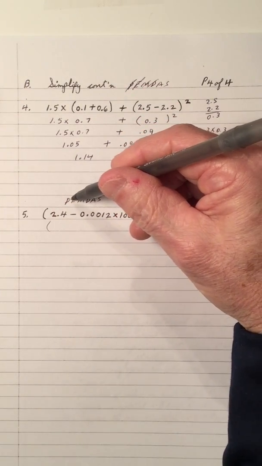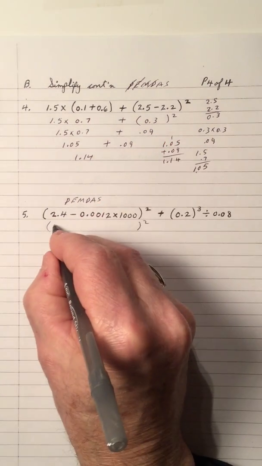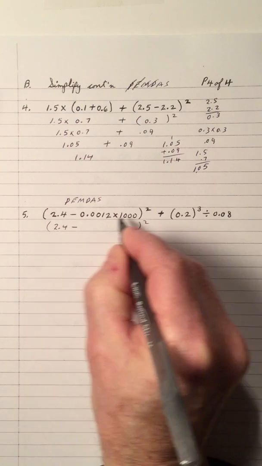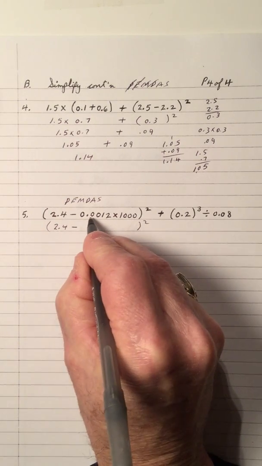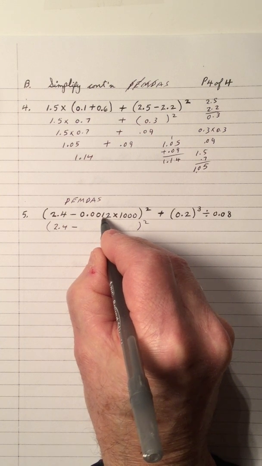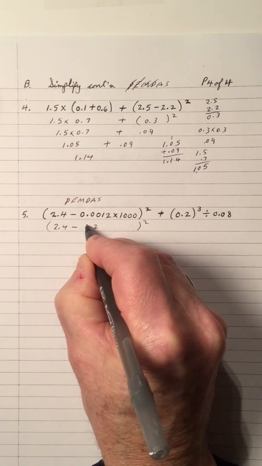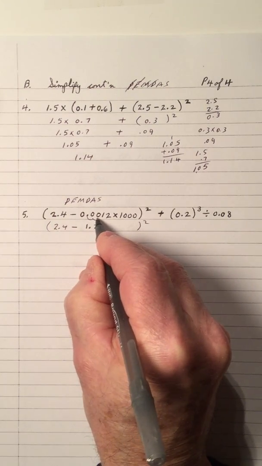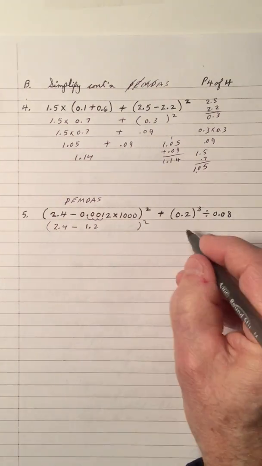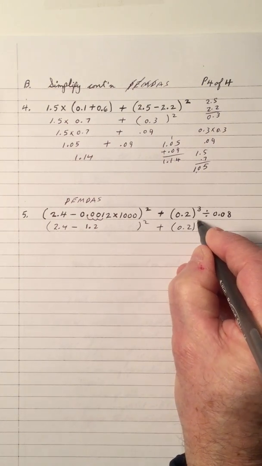So I have to do my multiplication and division first before I subtract. 1,000 times decimal 0.0012, it moves it 3 places to the right. So I get 1.2 when I multiply by 1,000. 1, 2, 3. That's done. No more brackets to do. All the inside of the brackets is done.